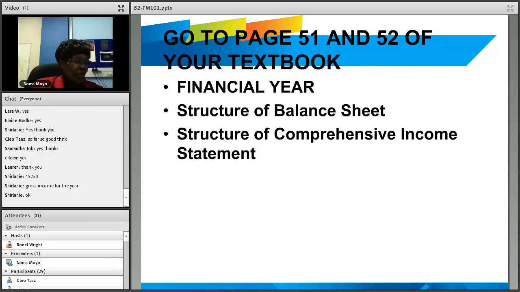Can we now go to our income statement, which is on page 51? Our statement of profit and loss and other comprehensive income of Wesel Stores. As Charlene had already corrected, note that your gross income, if you add it, is supposed to be 45,050. It starts off with sales, also called revenue.